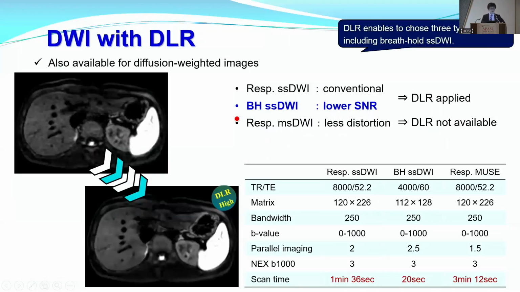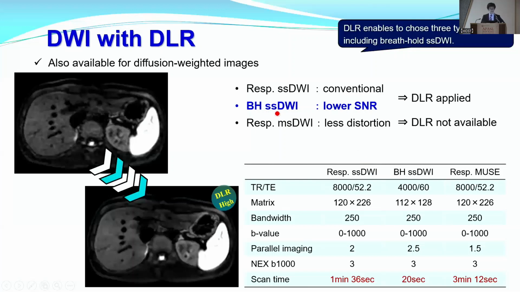Deep learning reconstruction is also available for diffusion weighted images. Until now, respiratory-triggered single-shot diffusion weighted imaging or multi-shot diffusion sequences have been applied for diffusion weighted images of the abdomen. However, these sequences require much longer acquisition time to keep the signal-to-noise ratio.